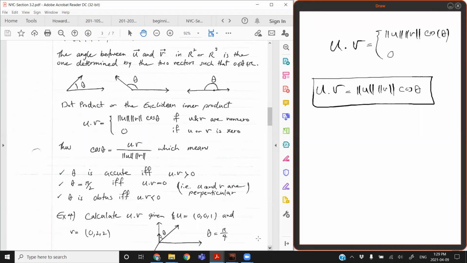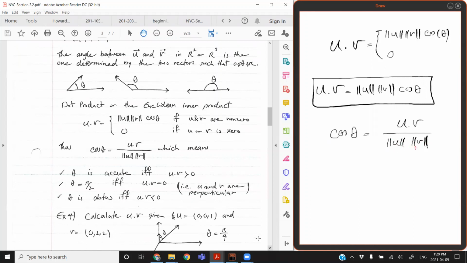Now, if I just divide both sides of this equation by norm of U times norm of V, I get this: cosine of theta is U dot V over norm of U times norm of V. And I noticed that the denominator is always positive, because a norm is a length and cannot be negative.